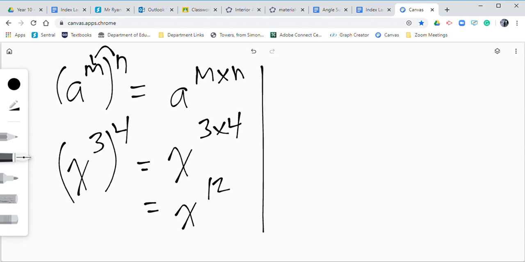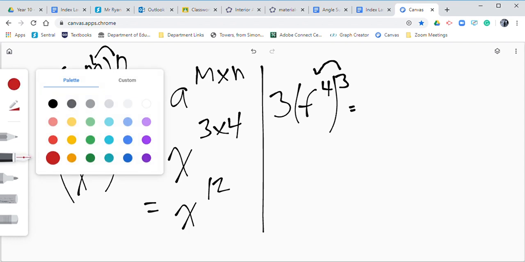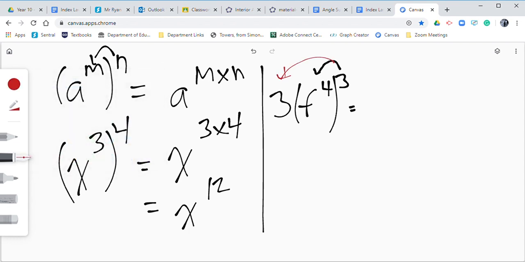Quick another example of that. If I gave you (f to the power of 4) to the power of 3, for the solution, remember that this power of 3 only applies to what it's touching, the brackets. It does not apply to the 3 in the exponent, so do not think that it applies to that 3.